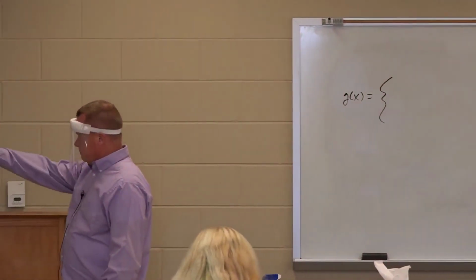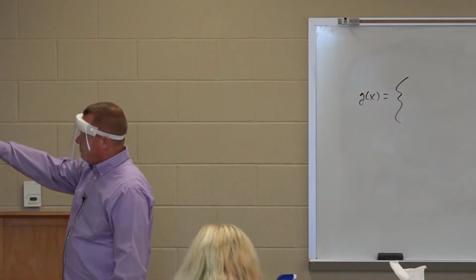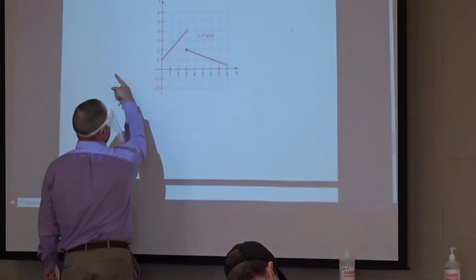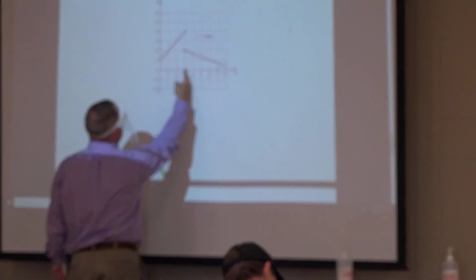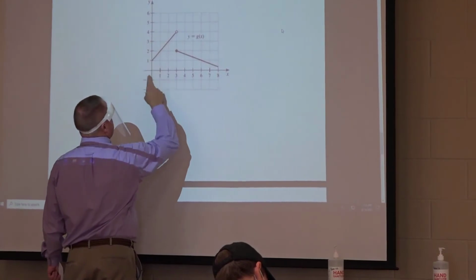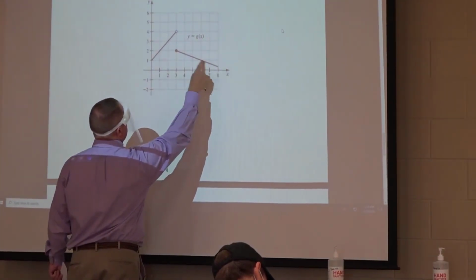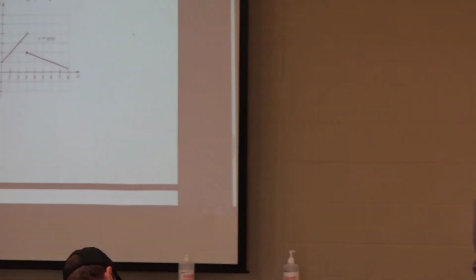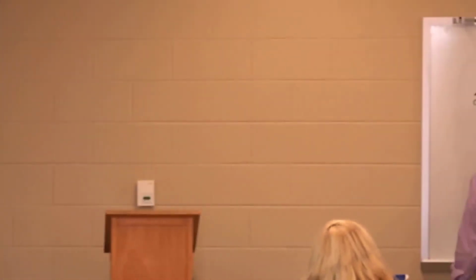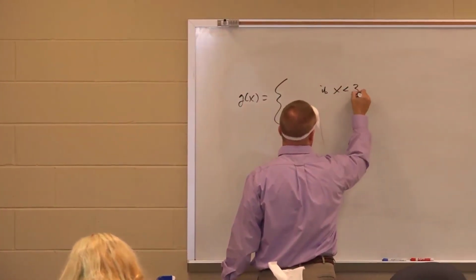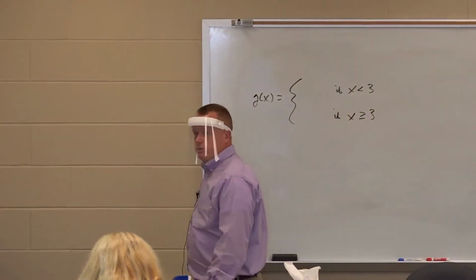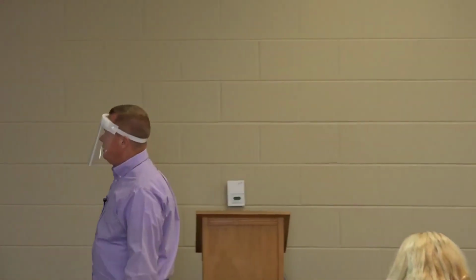For that first part at the top, everything from negative infinity up to 3 will be this one. Everything from 3 to positive infinity will be that one. So the top will be if x is less than 3. The bottom one would be if x is greater than or equal to 3, because that's where I have my solid dot.